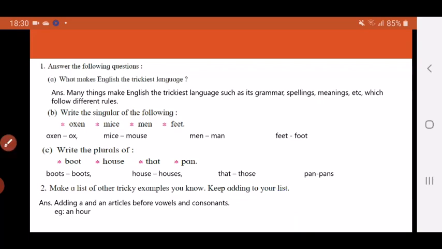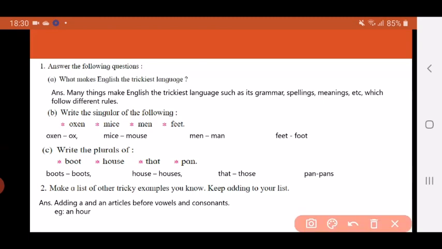Now in this poem, what was tricky that was shown to us? The rules of singular and plural and masculine and feminine pronouns. When you have studied so much of English, what do you find tricky and confusing? Make a list. I've given you an example.